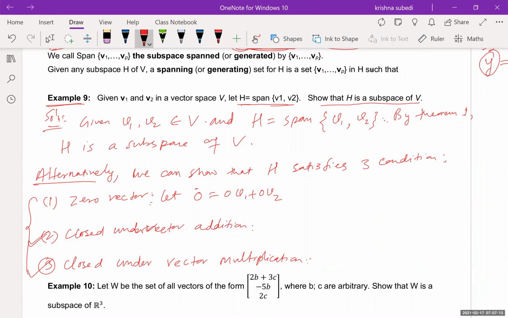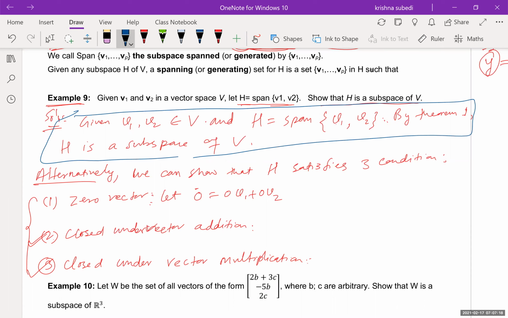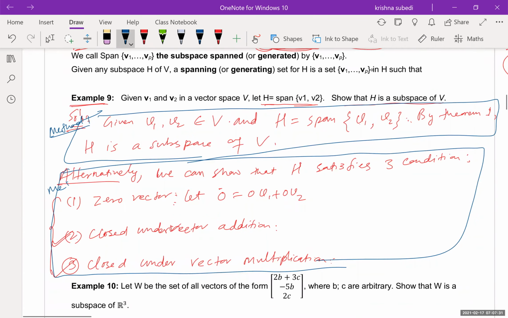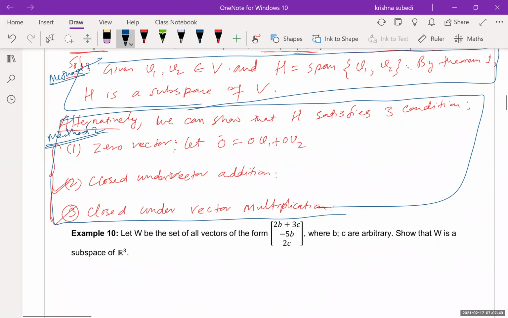Either you use the theorem directly, which is method 1, or you use this, which is method 2. I leave it to you. Just as we did earlier, you can show it easily, and if you need help, look at my lecture note, where I'll provide all the detailed solution.